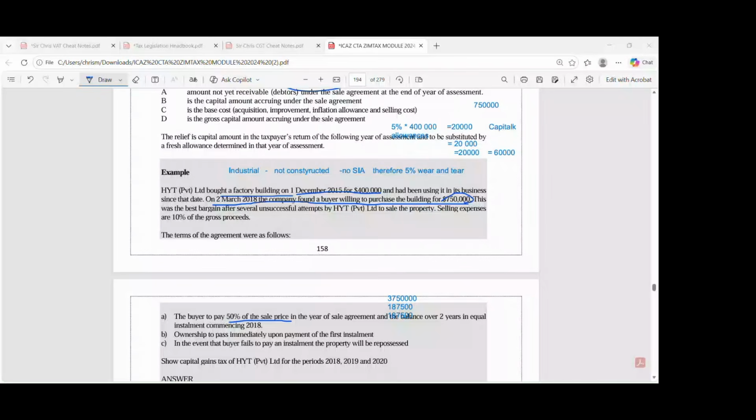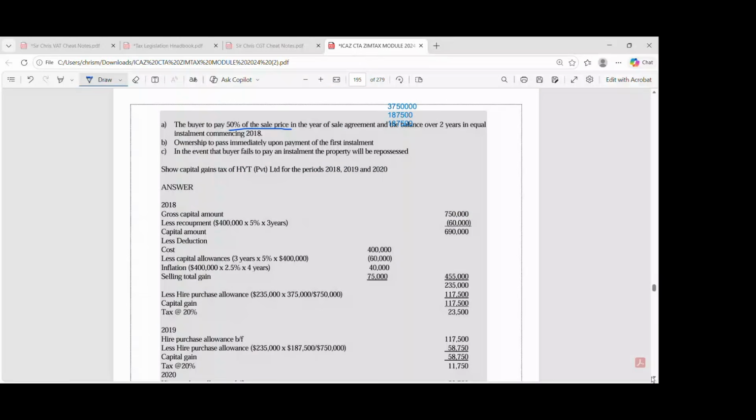So, but how do you calculate it? There is a formula. This is the principle. This is your gross capital amount, your 750,000. Then you less recoupment. I want to say the 60,000 is the recoupment. Do you agree with me? How we got the 60,000? All right.